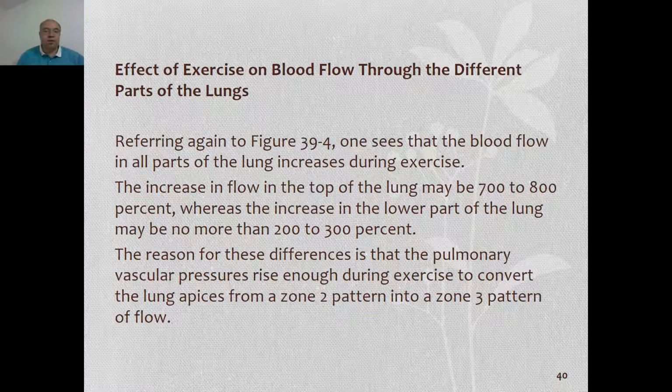The increase in flow in the top of the lung may be 700 to 800%, whereas the increase in the lower part of the lung may be no more than 200 to 300%. The reason for these differences is that the pulmonary vascular pressures rise enough during exercise to convert the lung apices from a zone 2 pattern into a zone 3 pattern of flow.